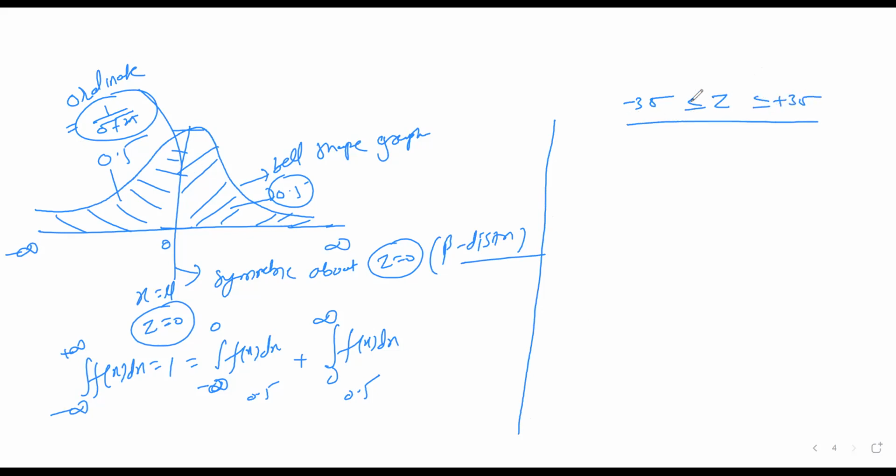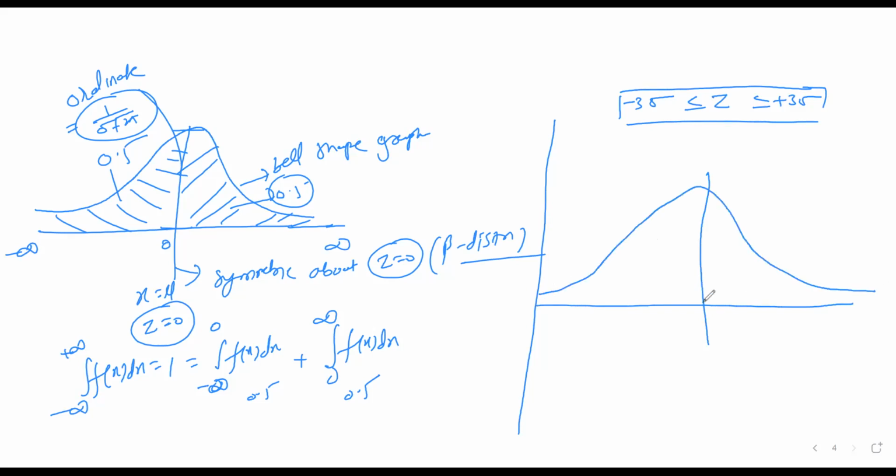Here the values of 1 sigma, 2 sigma and 3 sigma are given. I'll show you that in the curve. First of all, draw the bell-shaped graph. If you mark the 1 sigma line, it varies from minus sigma to plus sigma.